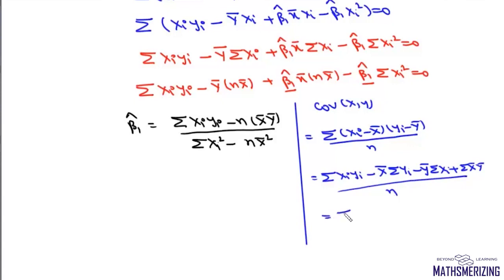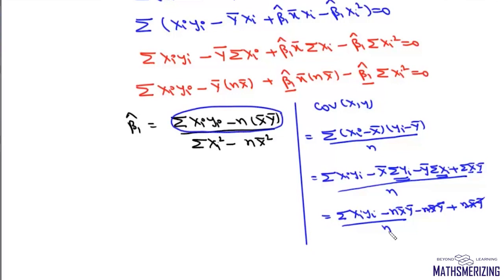So it will be this summation xi yi minus, now summation yi is n y bar, so it will be minus n x bar y bar, and summation xi is n x bar, so it will be minus n x bar y bar, and plus summation x bar y bar is n times x bar y bar, so it will cancel, whole divided by n. So this numerator we can write this as n into covariance of xy.